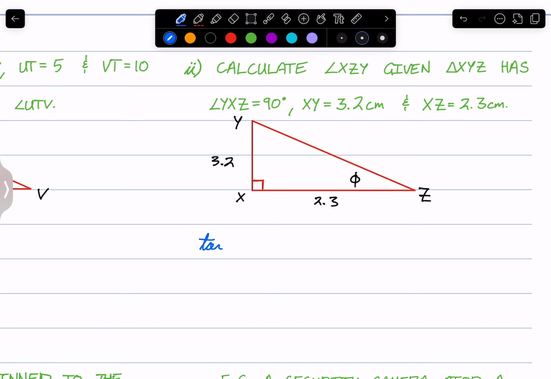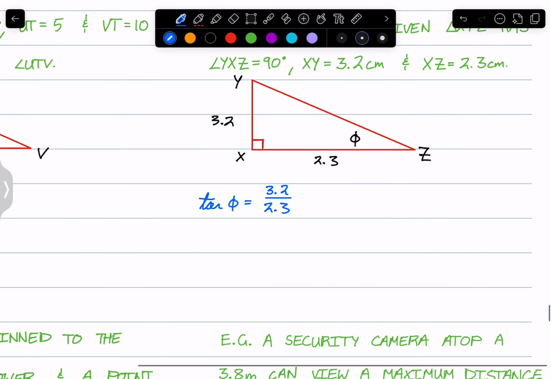So tan of the angle is equal to 3.2 over 2.3. From here, I hope we're familiar now that to find an angle, we must always do the inverse trig ratio. So in this case, inverse tan of the input that we have. So 3.2 over 2.3.